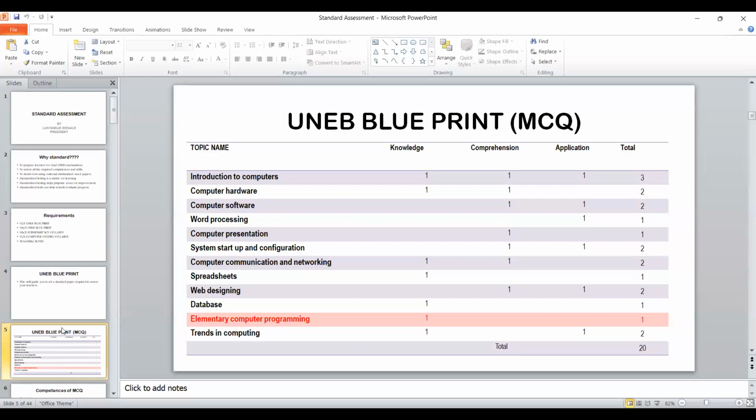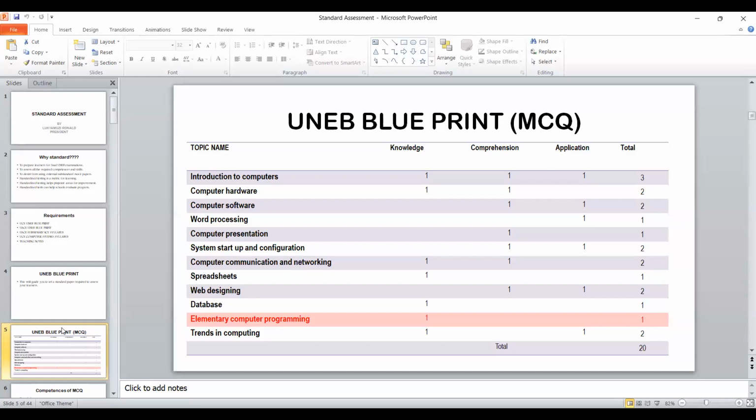I'll talk more about knowledge, comprehension and application. Then computer hardware, 2 questions. Computer software, 2. Then word processing 1, presentation 1, system startup and configuration 2, computer communication and networking 2, spreadsheets 1, web design 2, database 1, elementary computer programming.